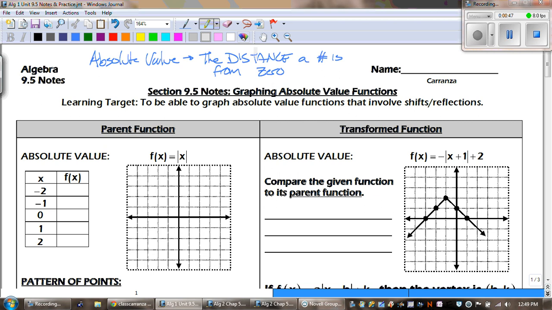Whenever we're talking about the word distance, we're talking about a positive number. So the absolute value of 3 is 3, and the absolute value of negative 3 is 3. When we're talking about just basic absolute value, that's what we get.